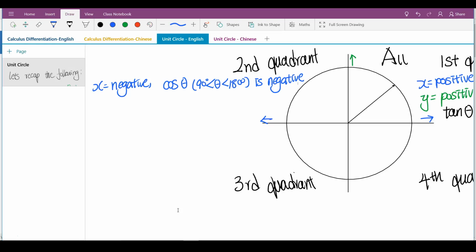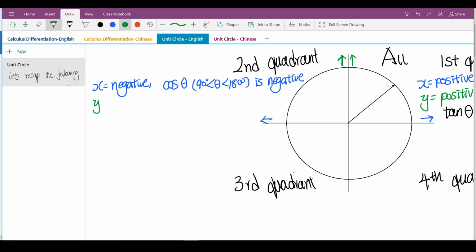X is negative on the second quadrant, so therefore cosine theta, if the angle is between 90 and 180, will be negative, simply because all our x coordinates on the second quadrant are negative. But the y coordinate on the second quadrant will remain positive.